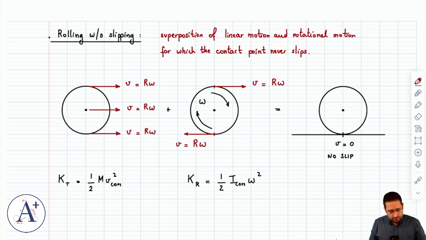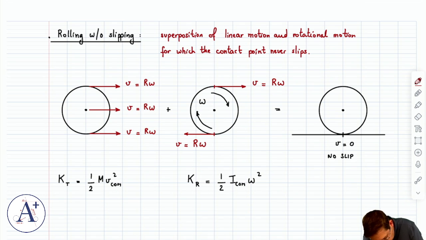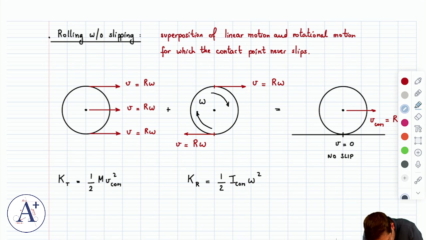If that's true, then this cancels this and I get the no-slip condition. But then I have to consider all the other points. Then v center of mass plus 0 becomes R omega. This is a fundamental property of rolling without slipping: v center of mass is R omega.